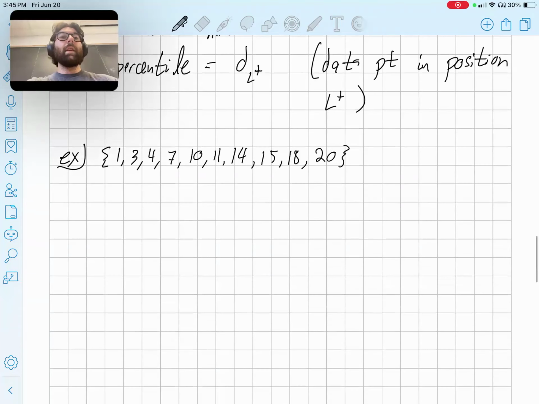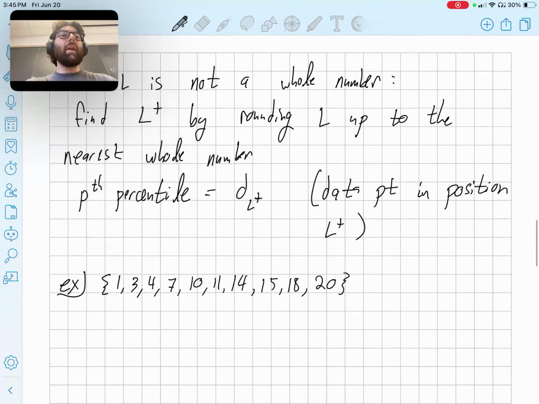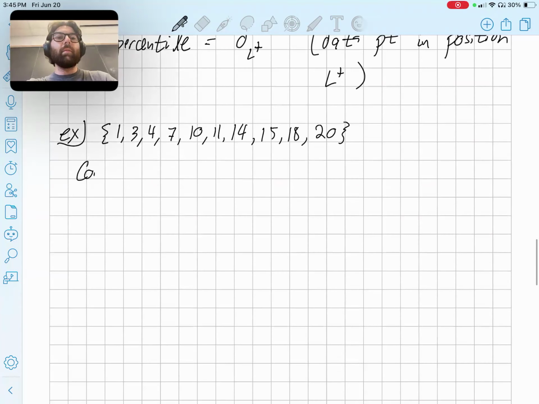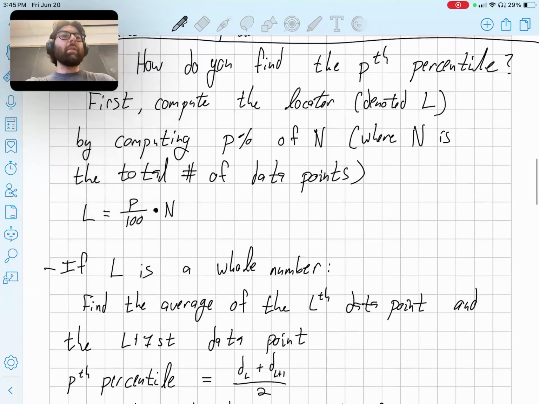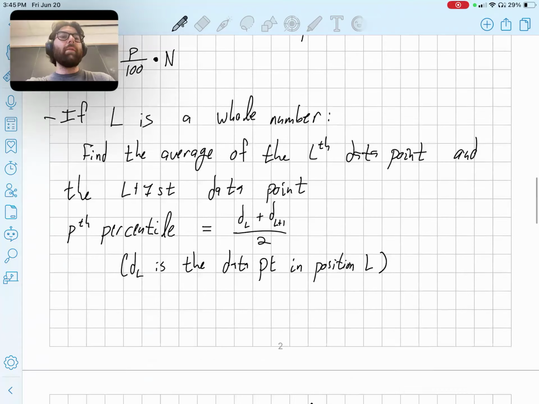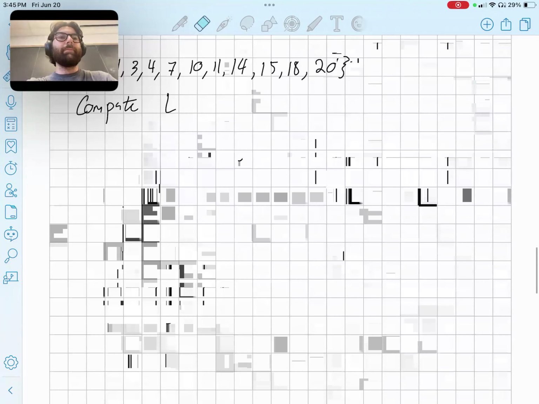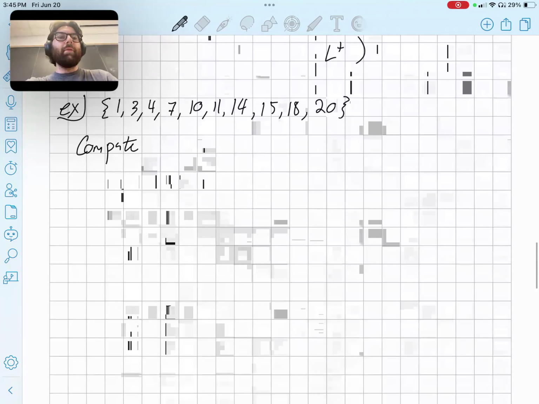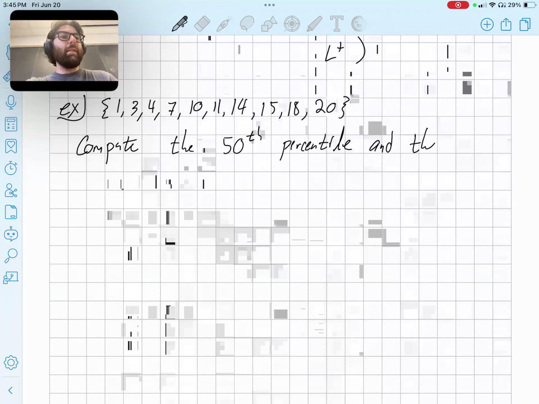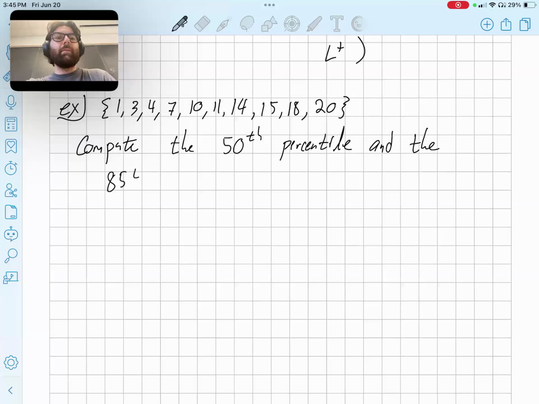First we need to compute our locator L, and in order to do that, we need to know the number of data points, capital N. So let's compute the 50th percentile and the 85th percentile.